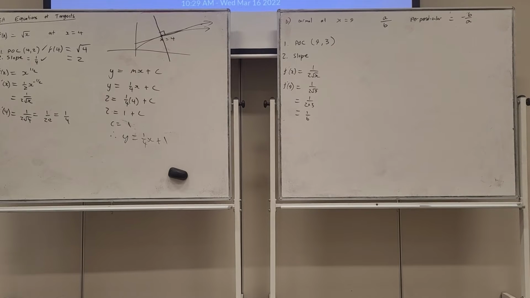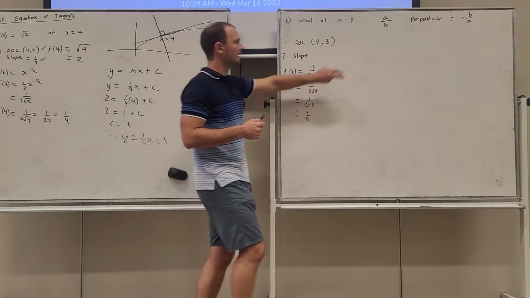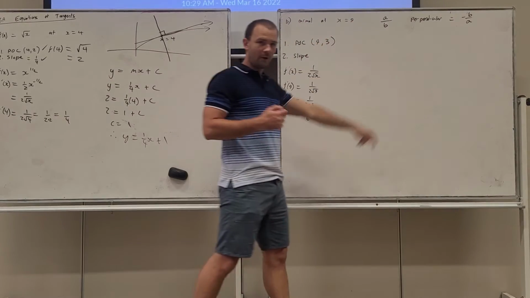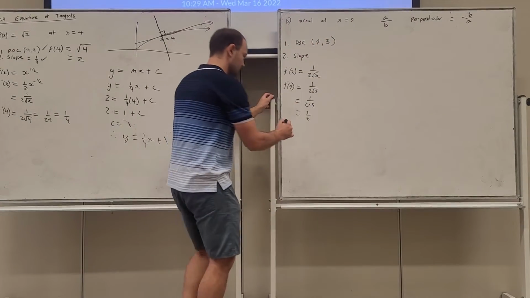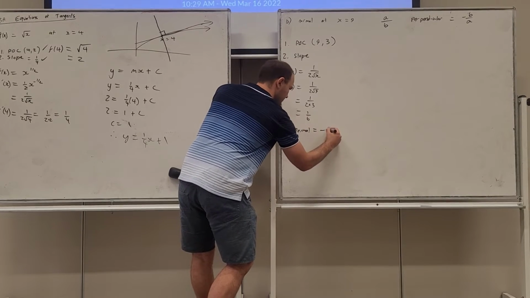X is 9, the slope is 1 on 6, all right? But that's for the tangent. That is A on B. We're finding the normal, so therefore the slope of the normal is negative 6 on 1.